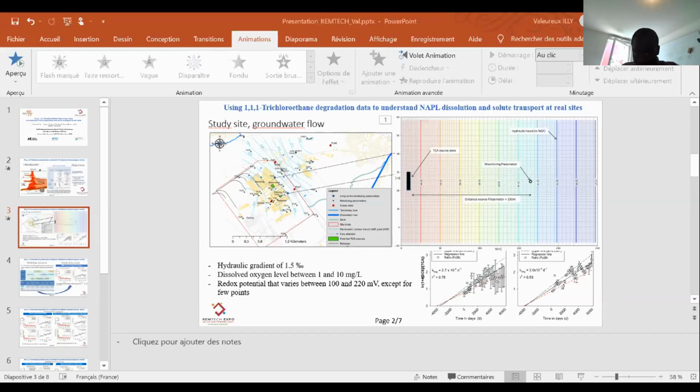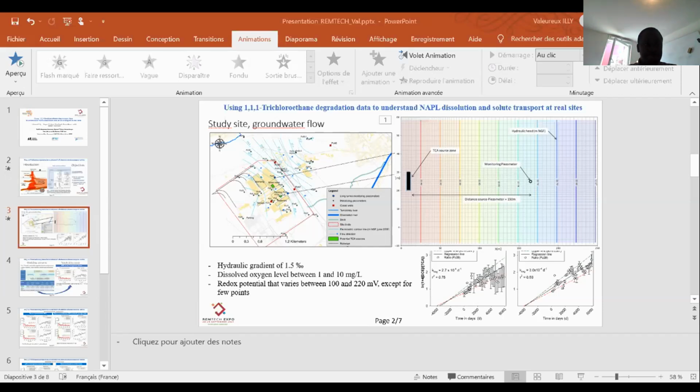The next model supposes that the source of the contamination is in a heterogeneous zone, so you have a part of it in a very high hydraulic conductivity zone, and the other part in a very low hydraulic conductivity zone.